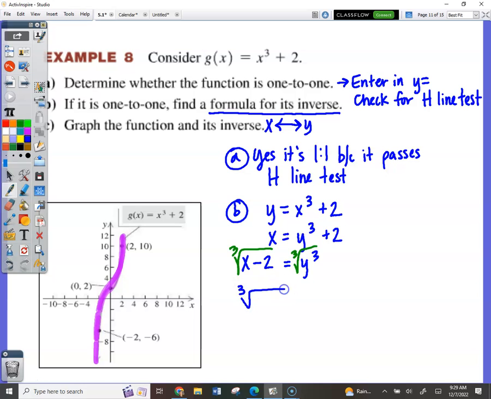We would have the cube root of x minus 2 equals y. They want you to actually write your fancy notation. So you can just say f is g. G inverse would be the cube root of that mess.